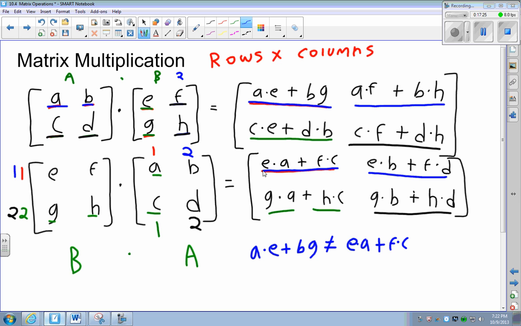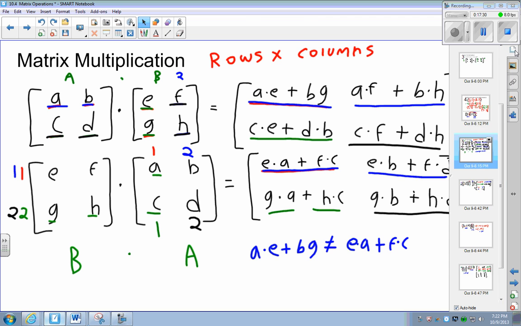And now since we're saying that, we can say that our matrix multiplication is non-commutative.